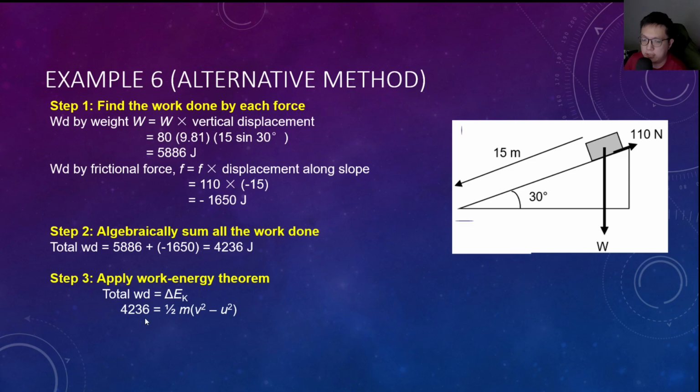So 4236 joules equals half m times v squared minus u squared. Sub in the value for u, and you will get v equals 10.4 meters per second, which is the same answer as the previous page. For me, I think this method is cleaner because it's easier to work out the work done by each of the forces first, and then sum them up together.